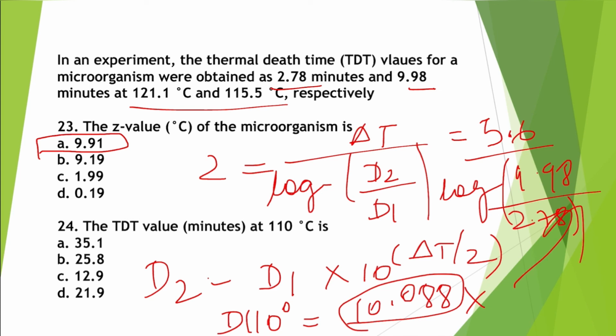We got an approximate answer. You can also write 9.91 into 10 to the power of 11.1 upon 9.91. So you will get the answer 35.1. This is the correct answer.